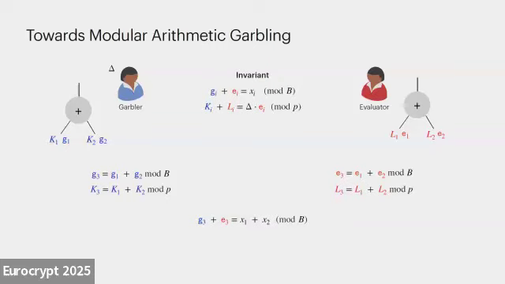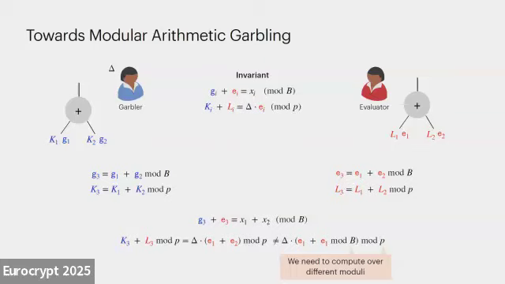So we've maintained the first invariant. But for the second invariant, when we add K3 and L3 mod P, what we get is delta times E1 plus E2 mod P. But this is not what we want, because the evaluator share is E1 plus E2 mod B, and we want this mod B mod P. So we want to really compute over two moduli, and simply adding the shares does not do this.